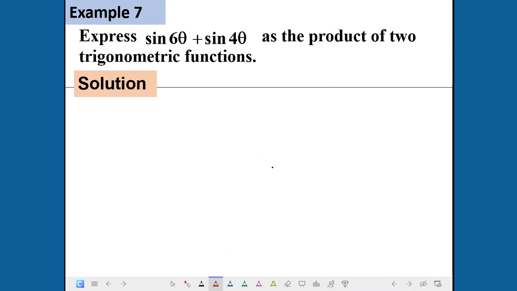And then express sin 6θ plus sin 4θ as the product of two trigonometric functions. So now sin 6θ plus sin 4θ. S plus S is equal to 2 SC, right?